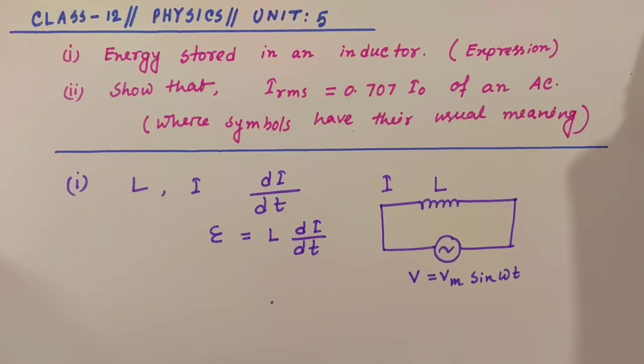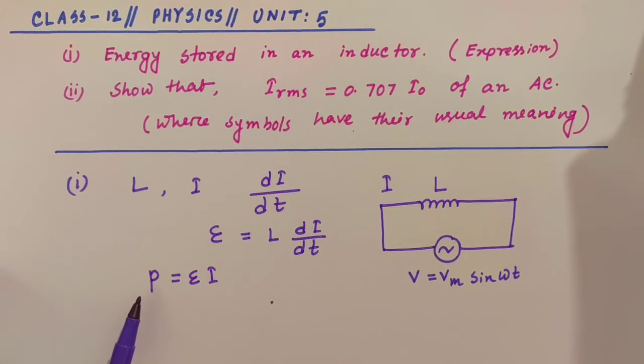The polarity of the induced EMF is opposite to that of the source voltage, so as to oppose the increase in the current. The external power supplied by the source to the inductor in maintaining the current I against the induced EMF is P equal to E into I.